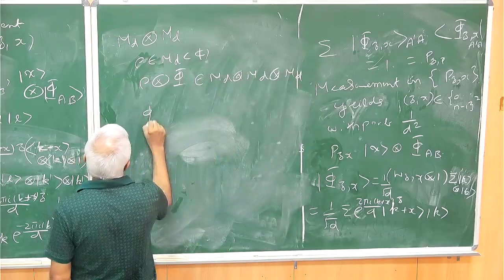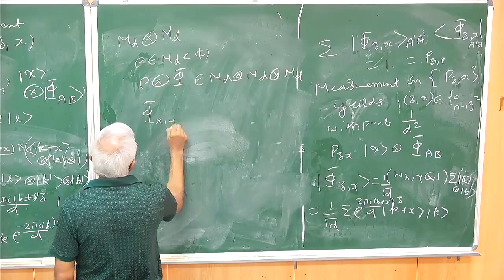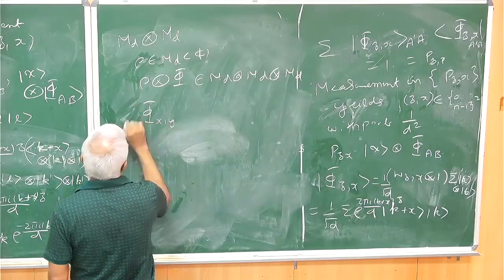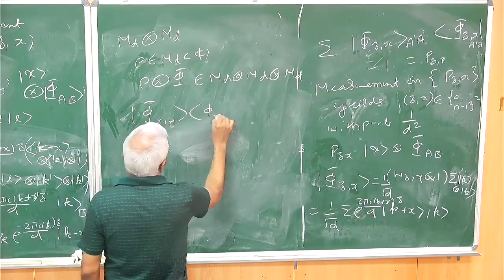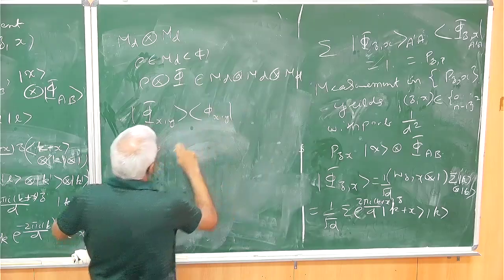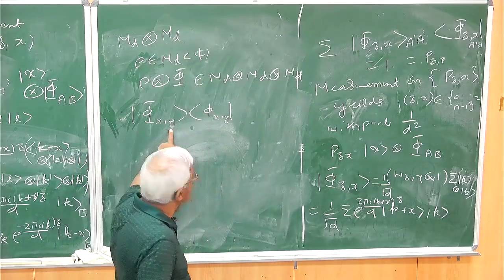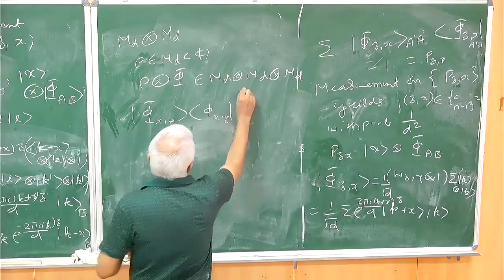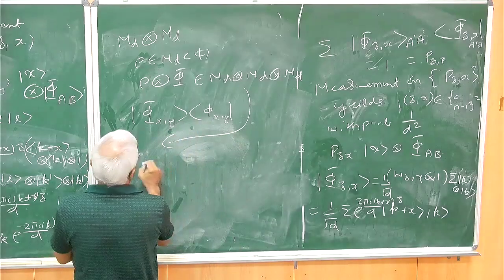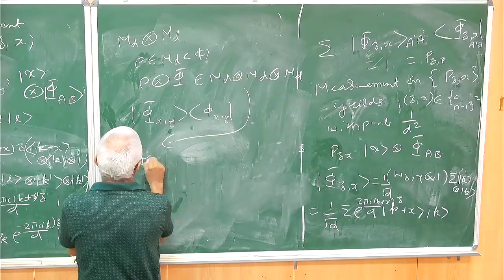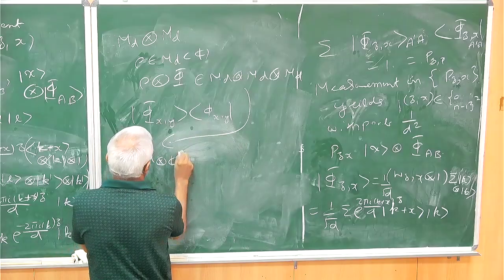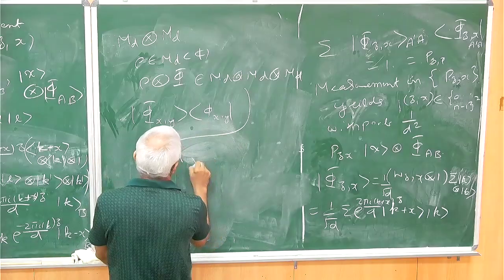And then we do this Phi XY, whatever we defined as Phi XY. We make this measurement, we measure with respect to this. That will take us to CD tensor CD tensor M.